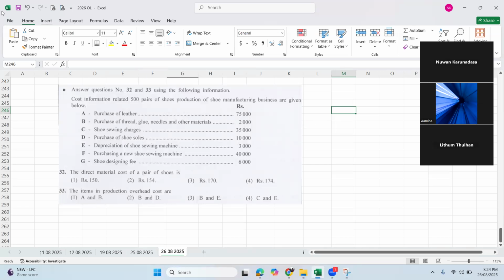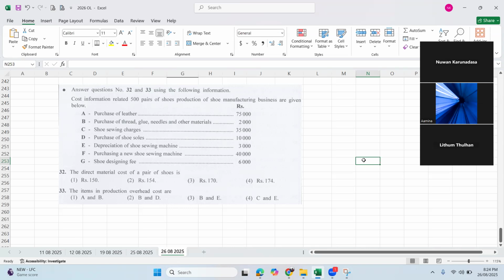Just read it, everyone. Answer question numbers 32 and 33 using the following information. Cost information related to 500 pairs of shoes production of a shoe manufacturing business is given below. So how many units are they making? 500 units. Purchase of the leather, it is direct material.